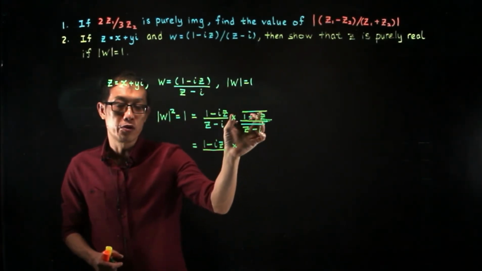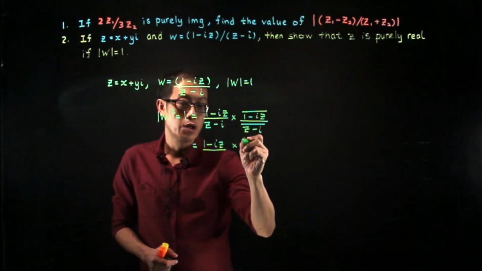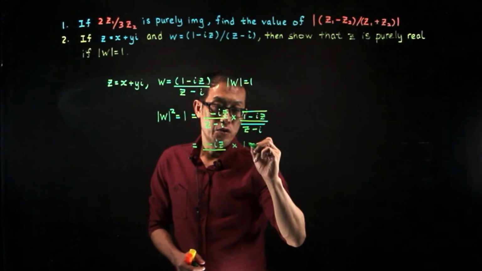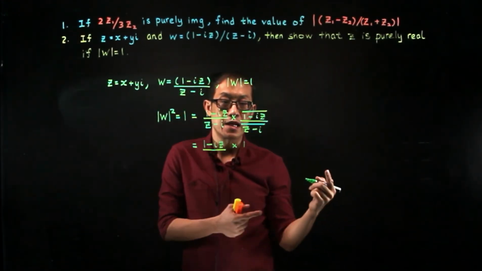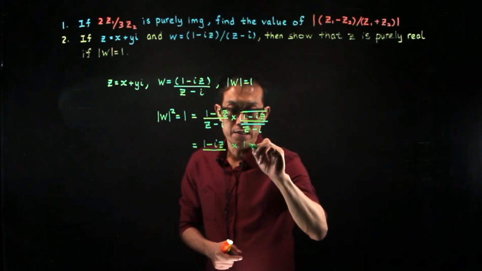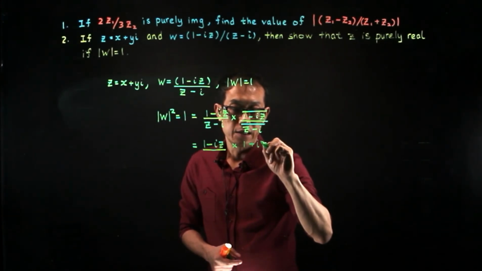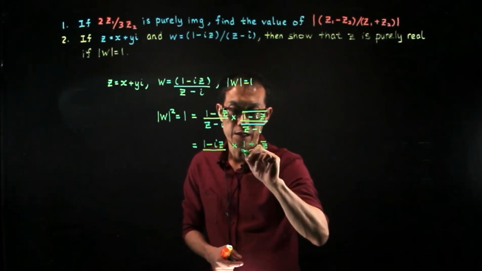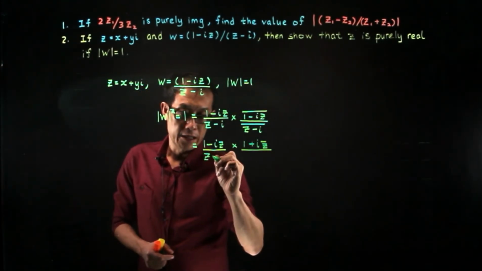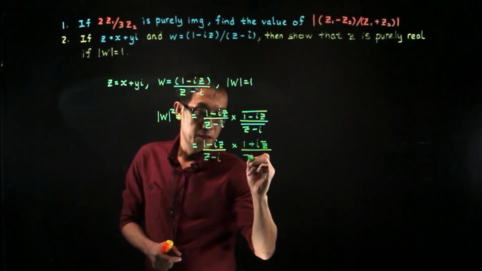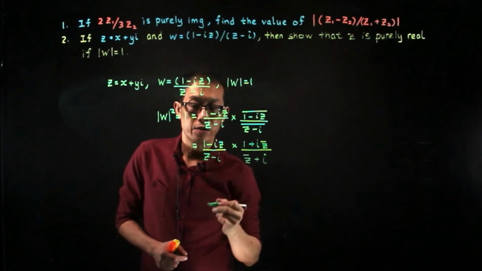You can take the modulus of each separately, which equals the modulus of the whole thing. So the modulus of 1 is 1, the modulus of iz, the conjugate of i becomes minus i, and multiplying them you get i, then z. The denominator here will be the modulus of z plus i.